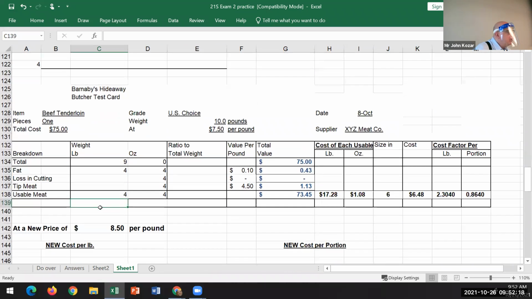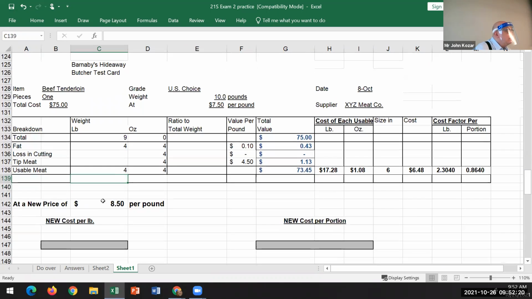All right, so next question is using the butcher's test card. And all we're being asked is to calculate the new cost per pound and the new cost per portion. So we take our new price per pound, $8.50, compared to the $7.50. So it's $8.50 times the cost factor per pound.